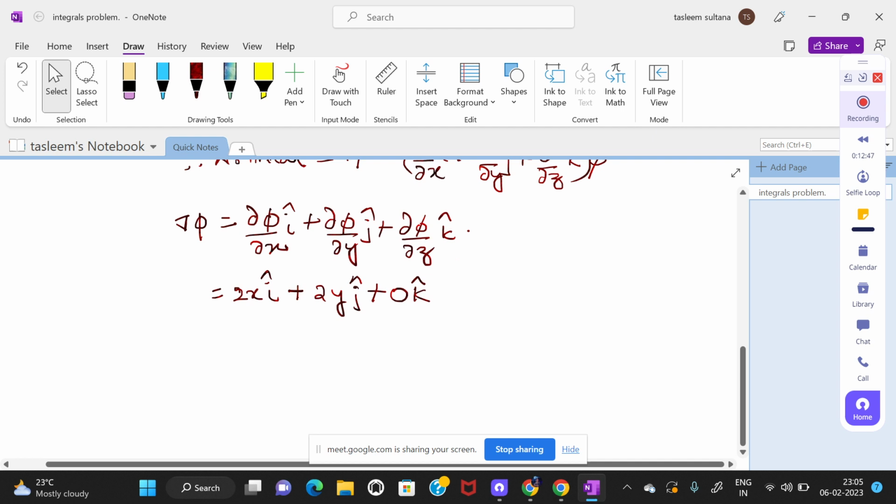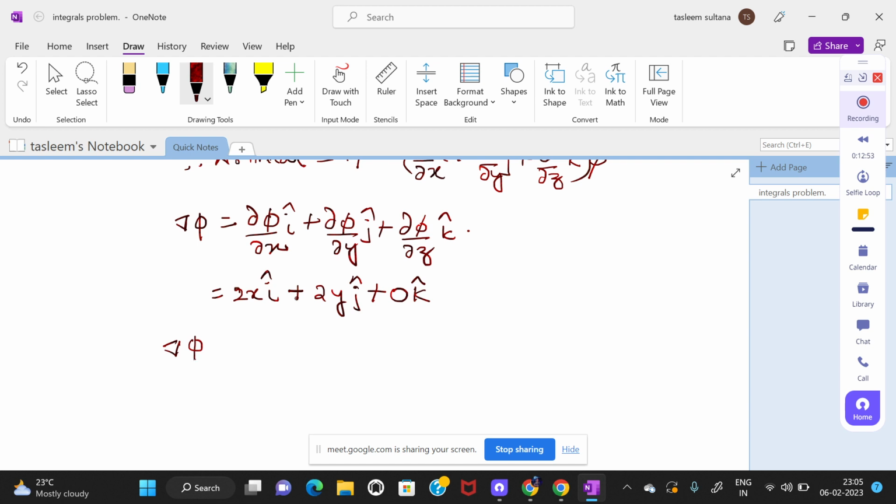So nabla phi value is equal to 2, if we take common, x i vector plus y j vector.